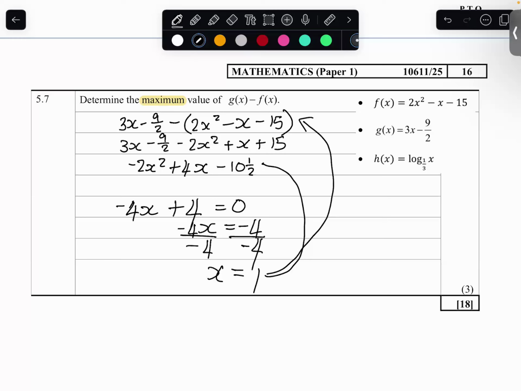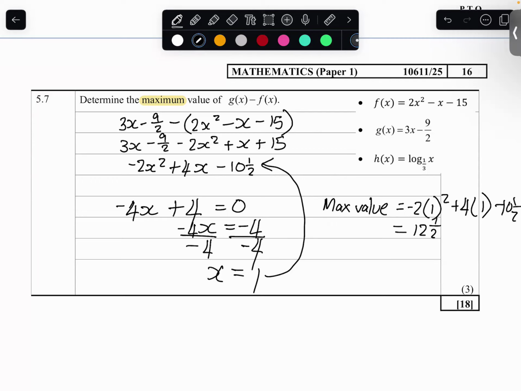Either the original, the first step, or this last step where you couldn't simplify any further, that's the same thing, right? So you're going to have the max value is equal to minus 2 into 1 all squared plus 4 into 1 minus 10 and a half. Then that's going to give you 12 and a half, and that's the maximum.